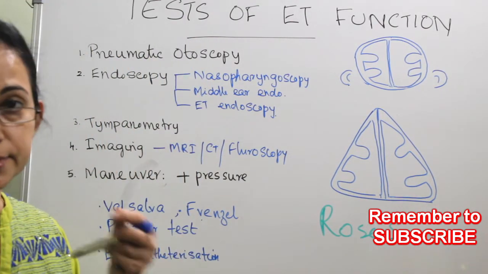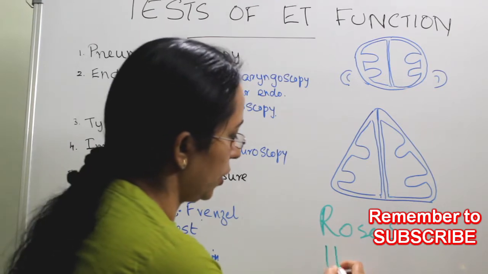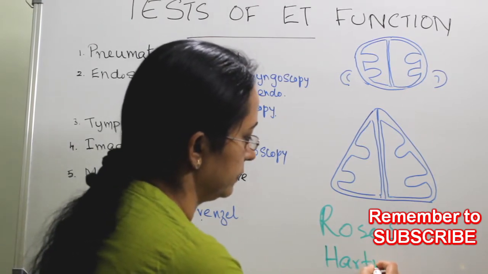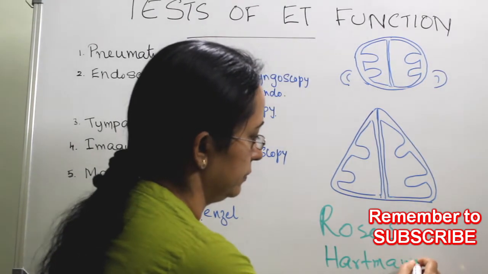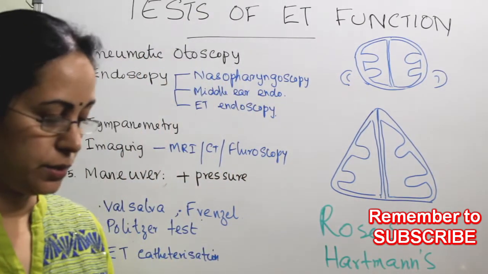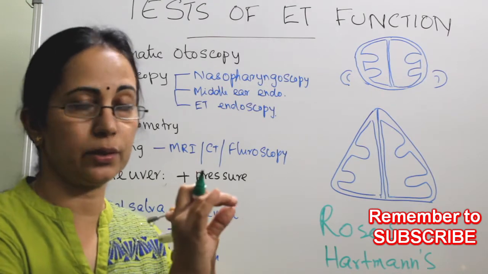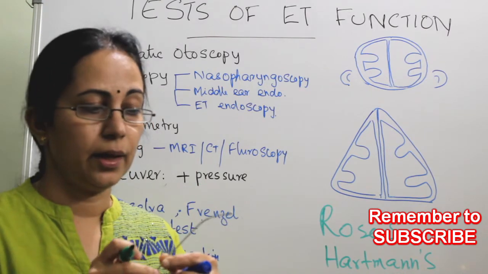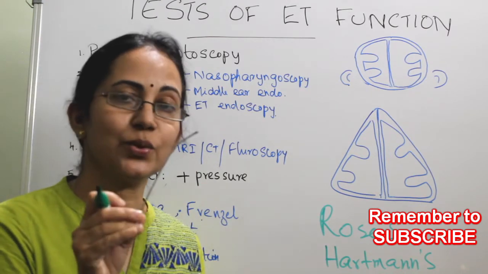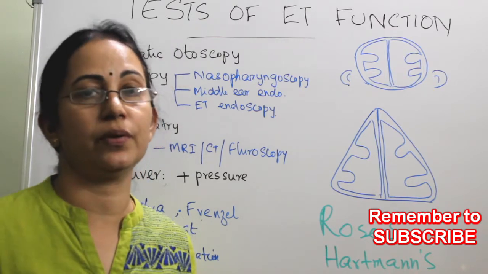Another variety similar to this is also called Hartmann's. It has a ring at one end and a curved tip. Actually in our clinics we use this for removal of foreign body from the nose.